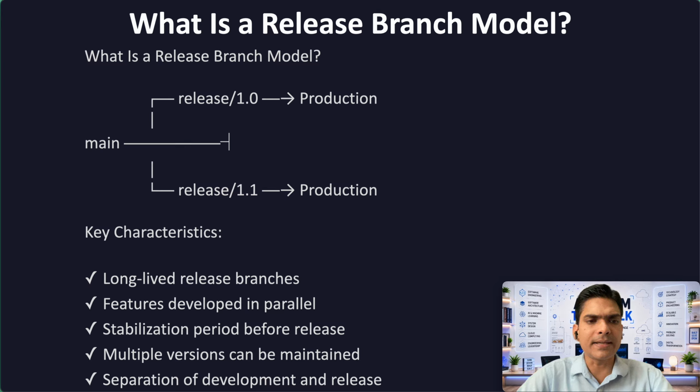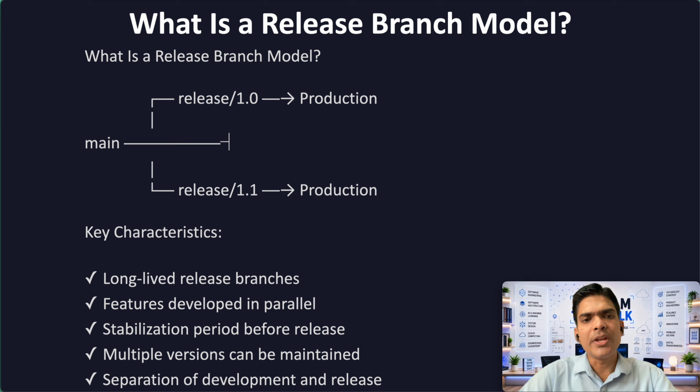Key characteristic here, long-lived release branches can exist for weeks or months. Features worked in parallel. While one feature is stabilizing, a new feature continues in another release branch. Stabilization period, dedicated time for testing and bug fixes.